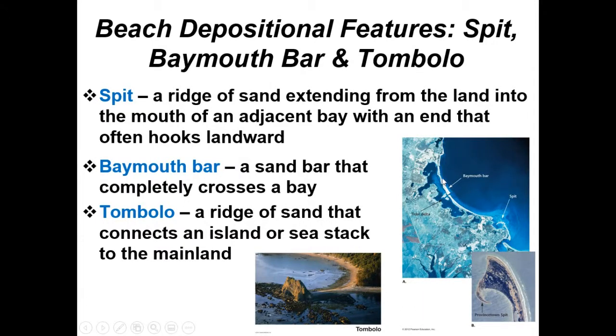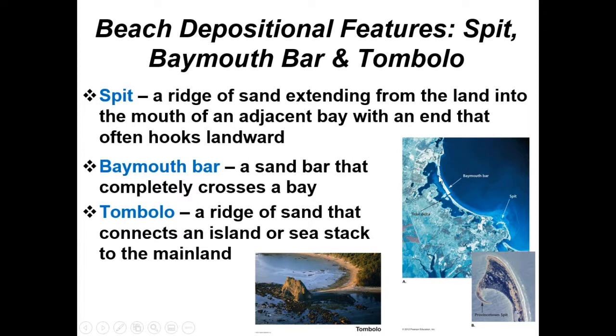A baymouth bar. These often take on an appearance very similar to another feature called a barrier island that we'll look at next. But basically, a baymouth bar is just a big, long sandbar that crosses a bay. And so the end result is that you have open ocean on one side, which is this side here.